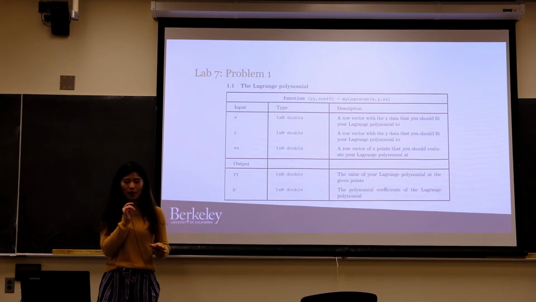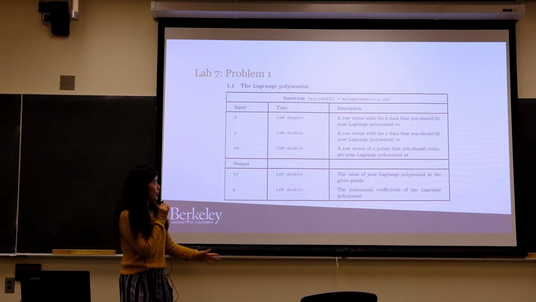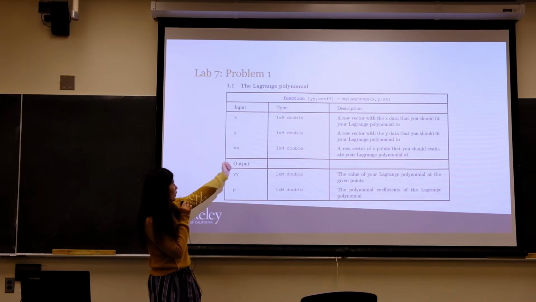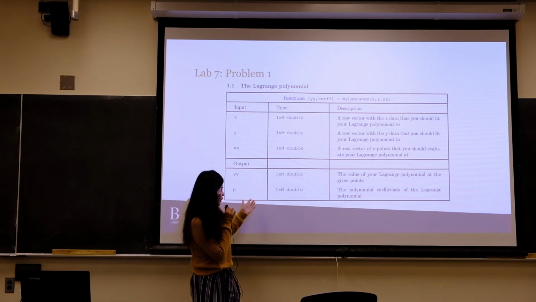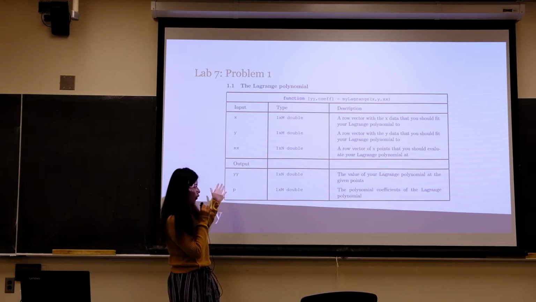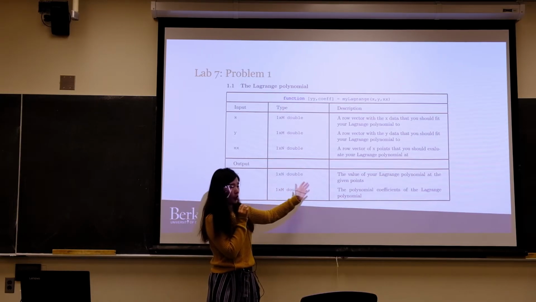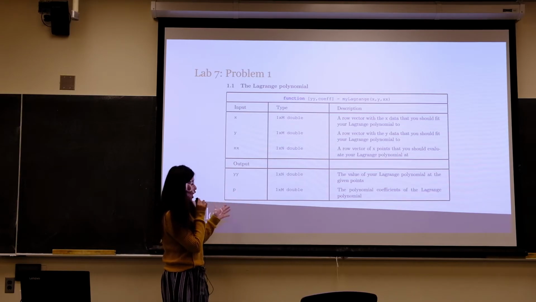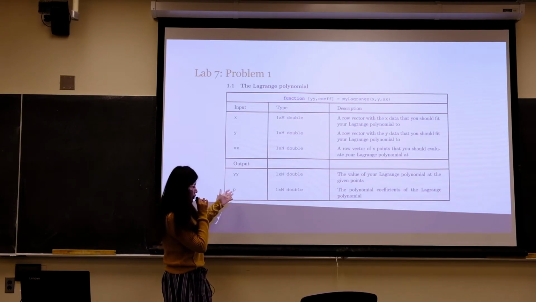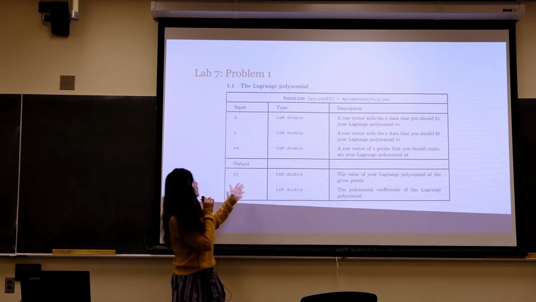There are 2 parts of this problem. The first part is you are going to create a function that will calculate the parameters and the value of your Lagrange polynomial function. First, you're going to calculate the parameters of the Lagrange function, and second, you're going to calculate the y value.